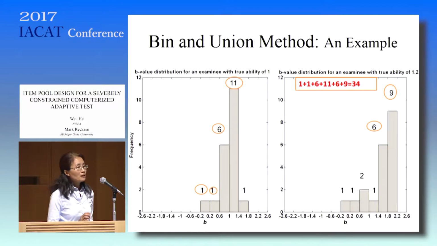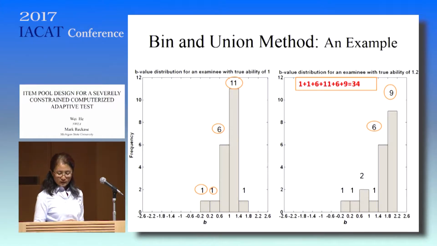Now, this is an example to show how the Bin-and-Union method can be used to design an item pool for two examinees, who have the ability of 1 and 1.2.